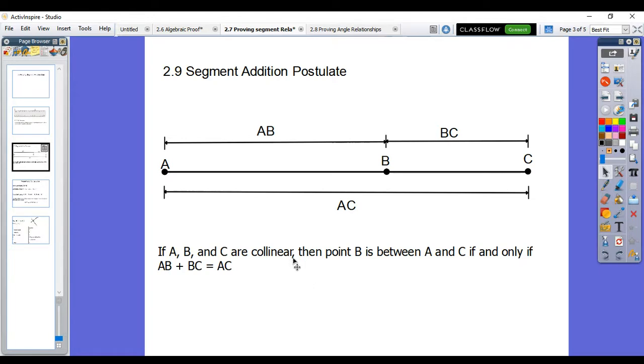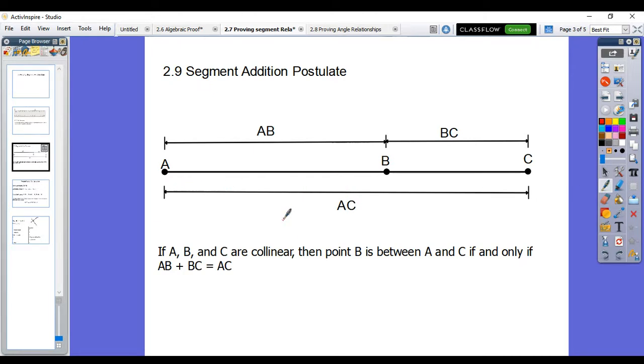So in any segment where there are 3 points, in this case A, B, and C, and B is some point in between the two endpoints, the sum of those two individual segments is equal to the distance of the whole thing. We've done that before.